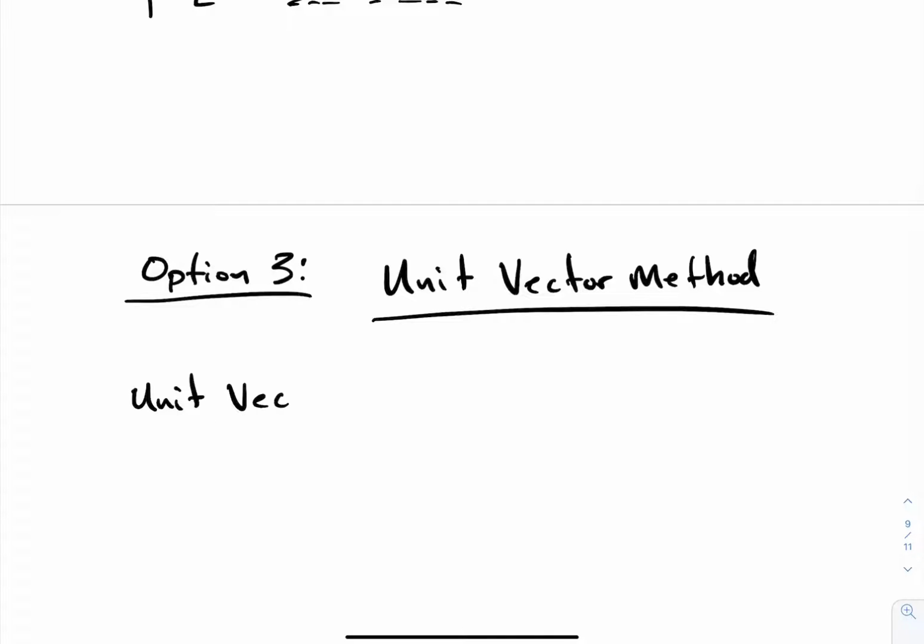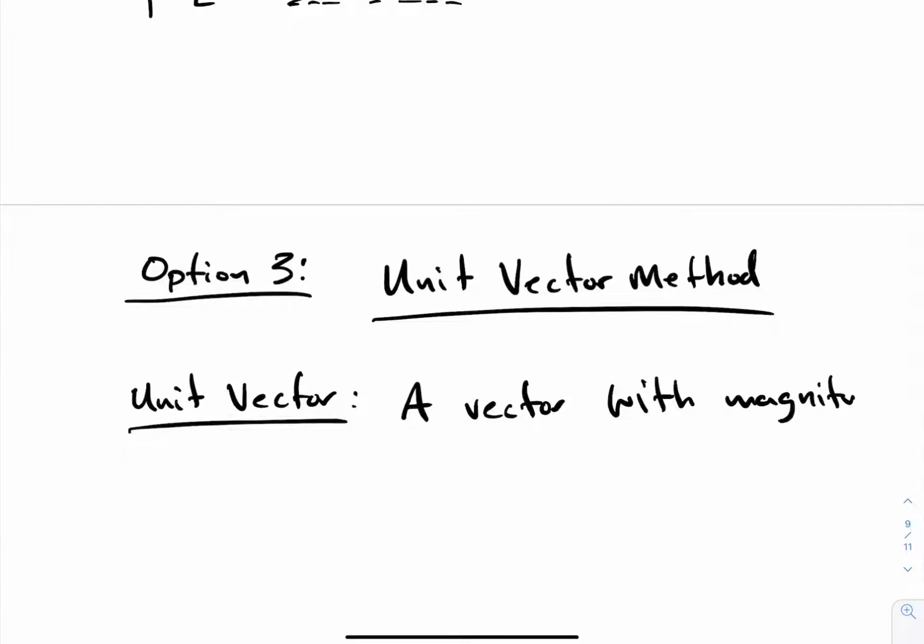A unit vector is a vector, of course, with magnitude of 1, that gives direction. That's what a unit vector is.